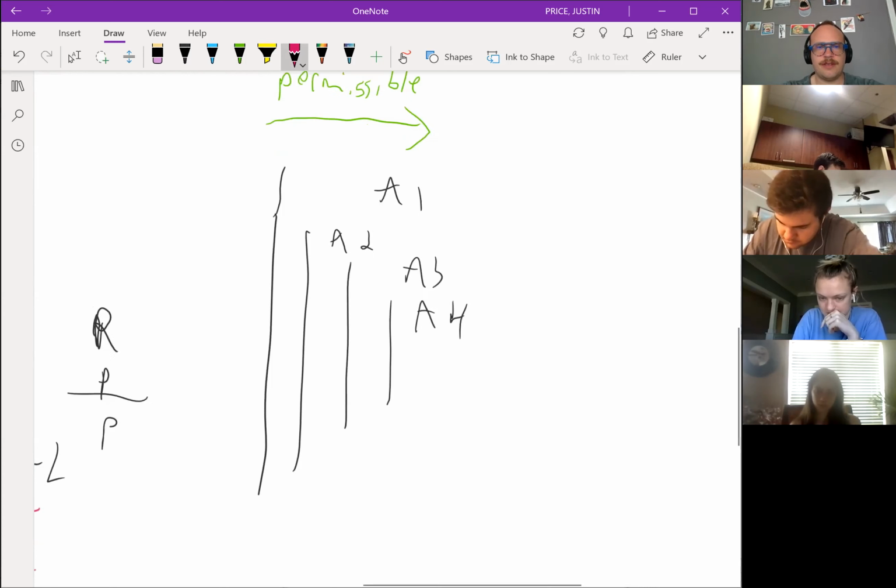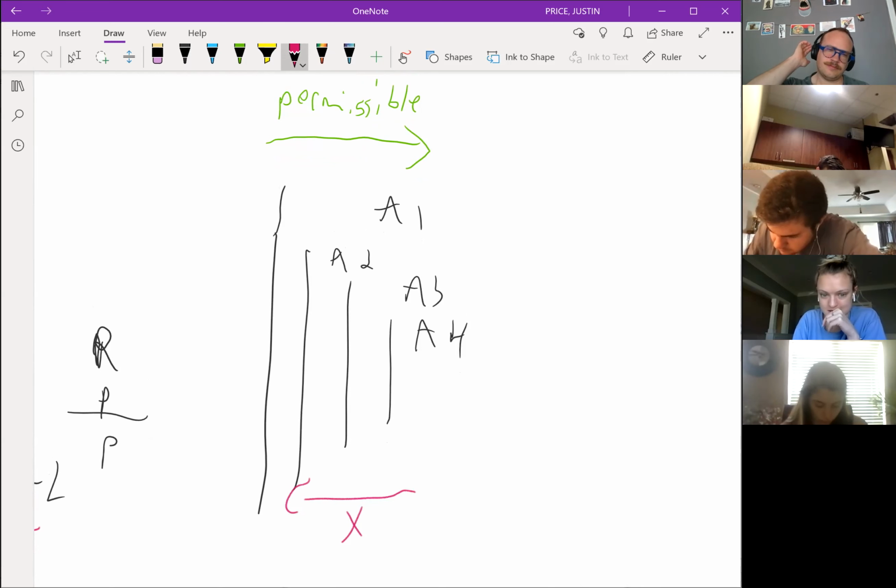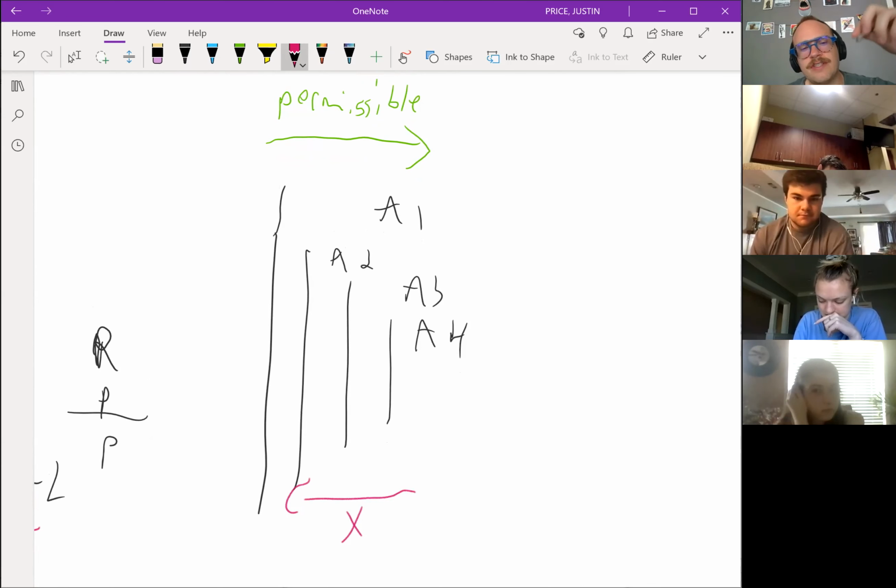But going the other way, for instance, in the scope line of A1, you can't cite A4.